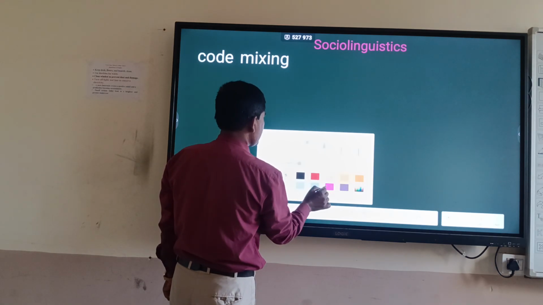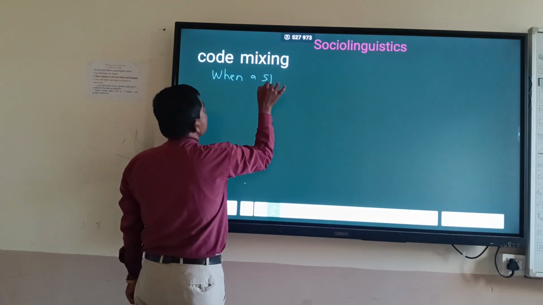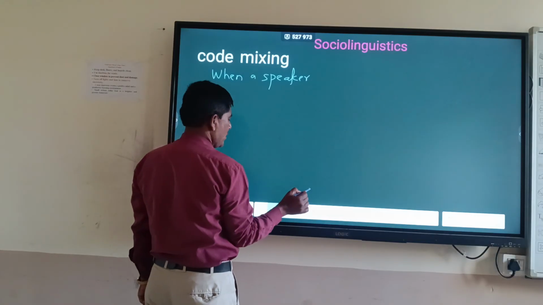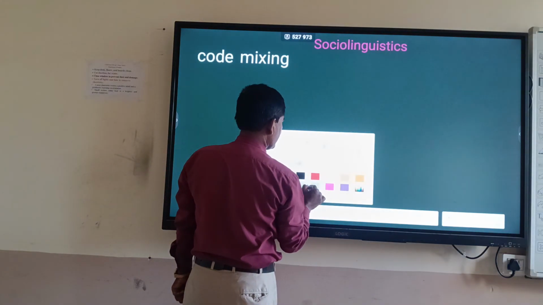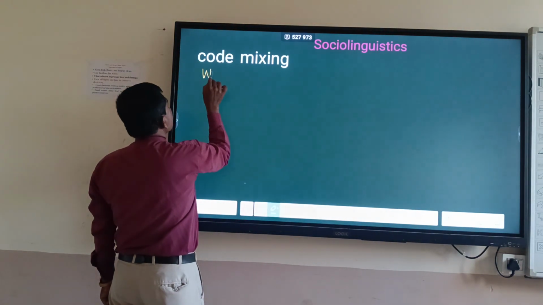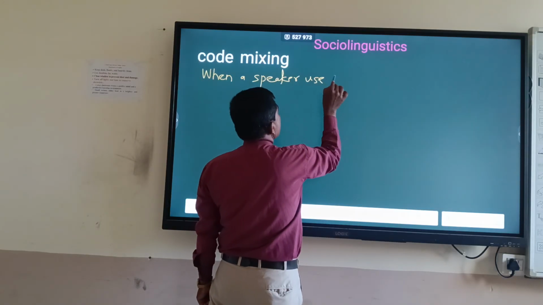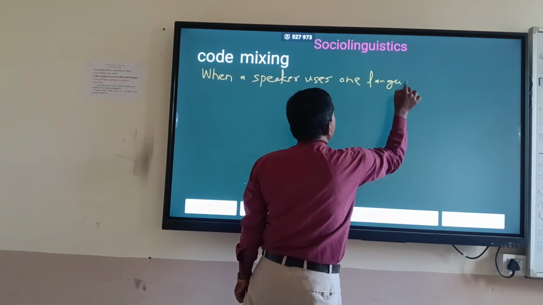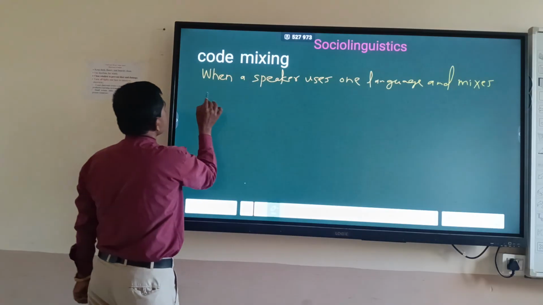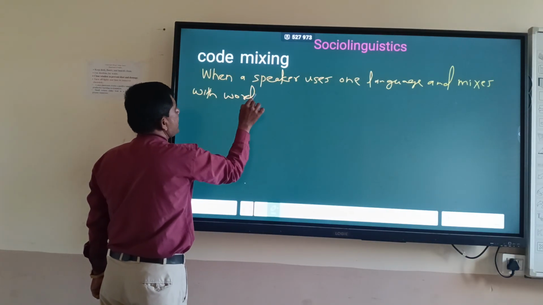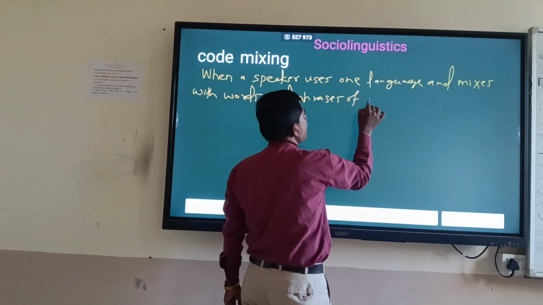Code mixing is when a speaker uses one language and mixes in words and phrases of another language.